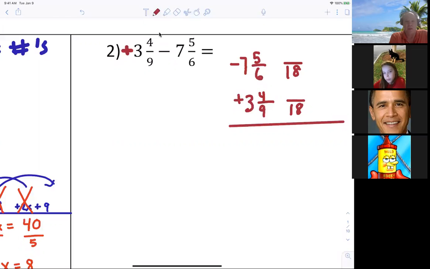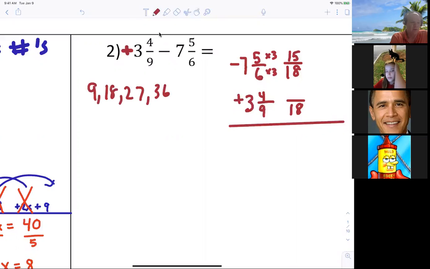If you don't know, now's the time to speak up. Multiply by 3. I forgot how to get the common denominator. Well, it's just the multiples. 9, 18, 27, 36. 6, 12, 18. 18 is the least common multiple.